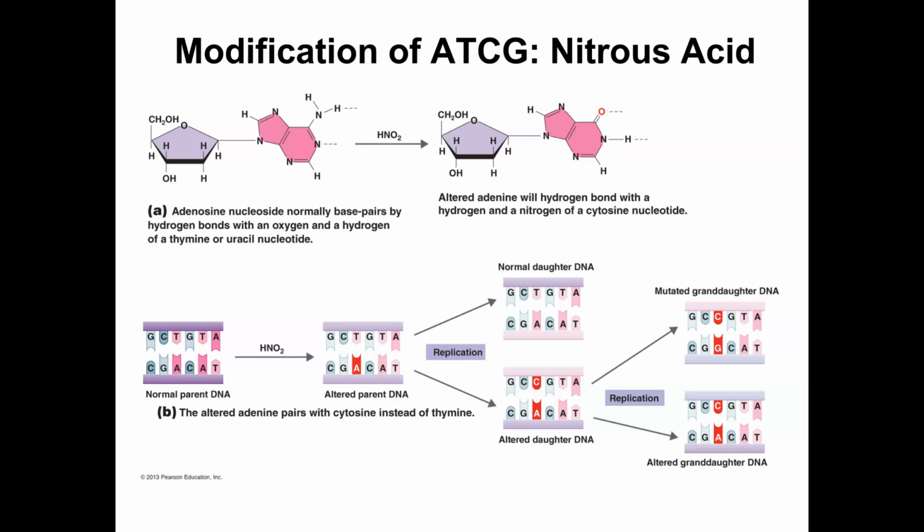Now, if that cytosine gets read again, look what happens. Now it's a CG pair. So we started with TA, now we have CG. So this caused a point mutation. Okay, so nitrous acid modifying nucleotides will cause point mutations.